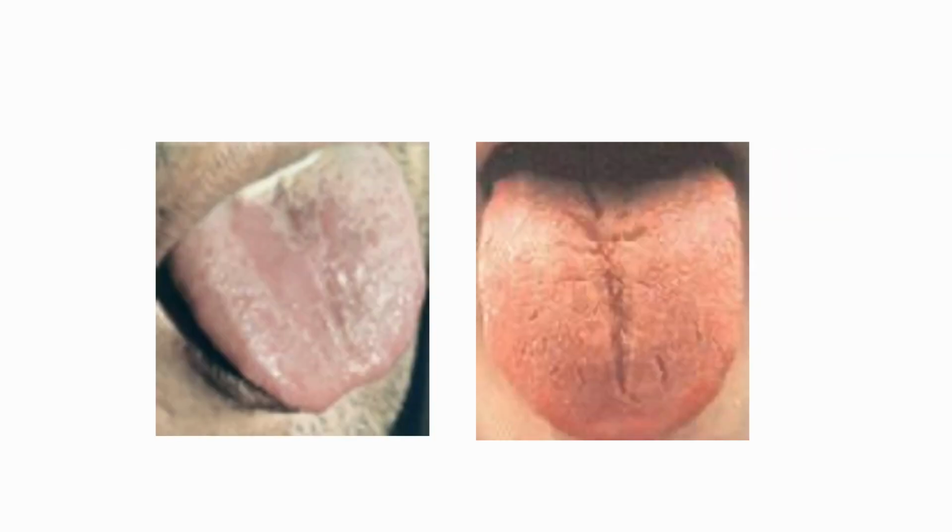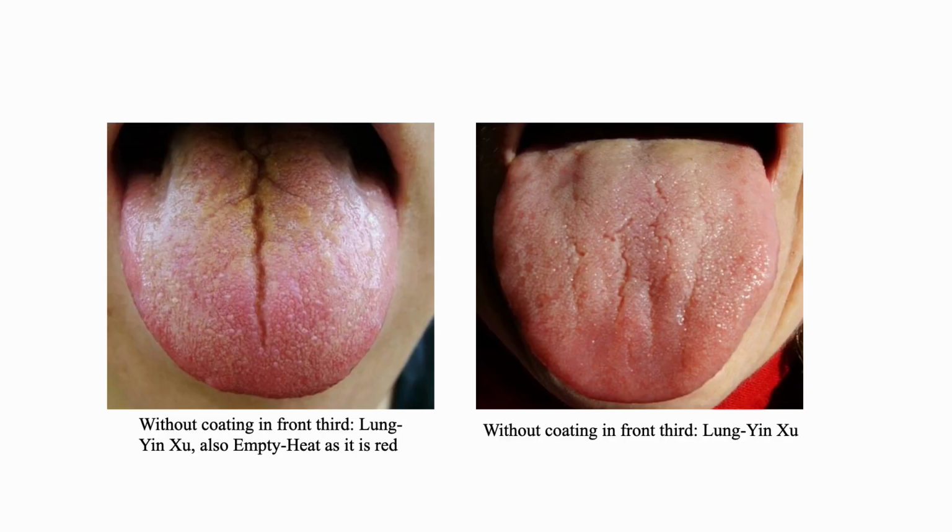For example, the tongue may lack a coating in the front, indicating lung yin deficiency, but because the coating is a reflection of stomach qi and stomach yin, we can say that in this case there is a deficiency of yin of both the lungs and stomach. In terms of treatment, this means that whenever we see a tongue without coating, stomach yin should always be nourished, whatever other organ is involved.